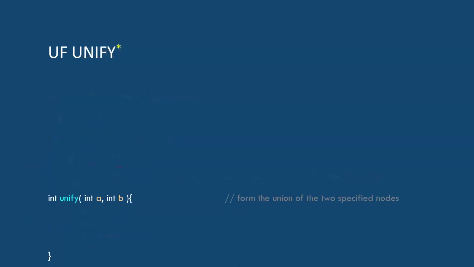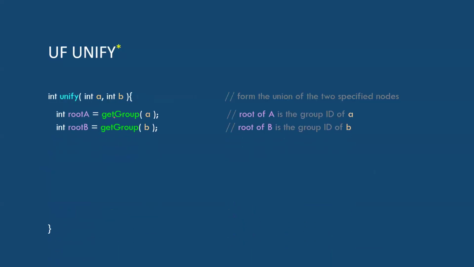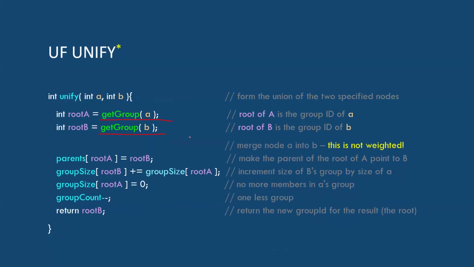Okay, unify. We're going to get the ID or the parent of A and get the ID or the parent of B. And if we're not optimizing this in any sort of weighted way, it's pretty straightforward. We just say, hey, the parent of A is now B. We're going to add A's size to B's size and zero out A's group, right?